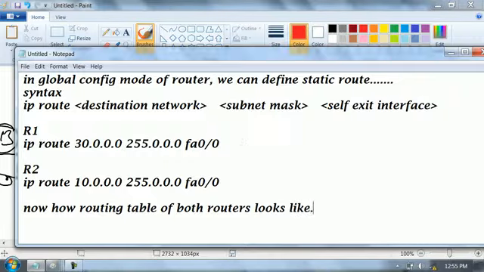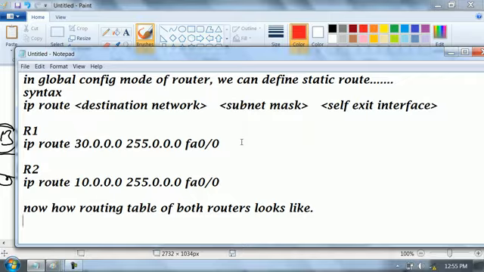Now guys, what I told you in the beginning, the topology is present in everyone's mind. R1, R2, 10, 20, 30. At every hop there is a need of a router, because at every hop the router will change layer 2 information.